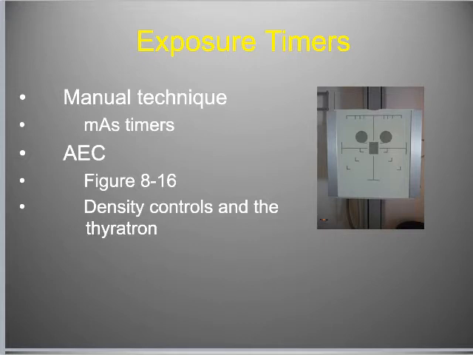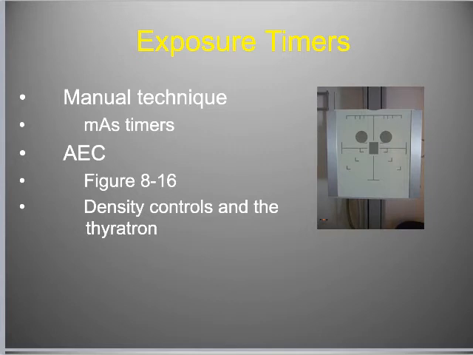So if we want to change the density of the exposure, we use what's called a thyratron. So we see the ion chamber is connected to this thyratron here, right? And this presets the amount of charge the capacitor can hold. Once the capacitor hits its ceiling, the exposure goes off.